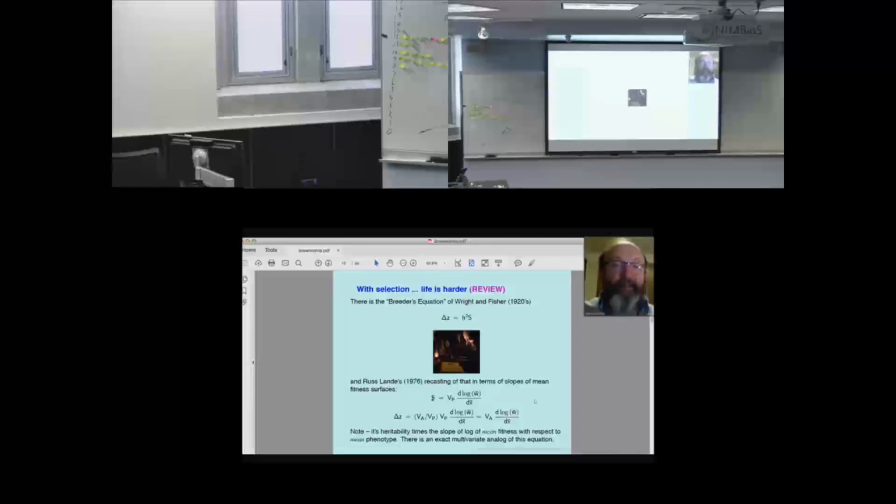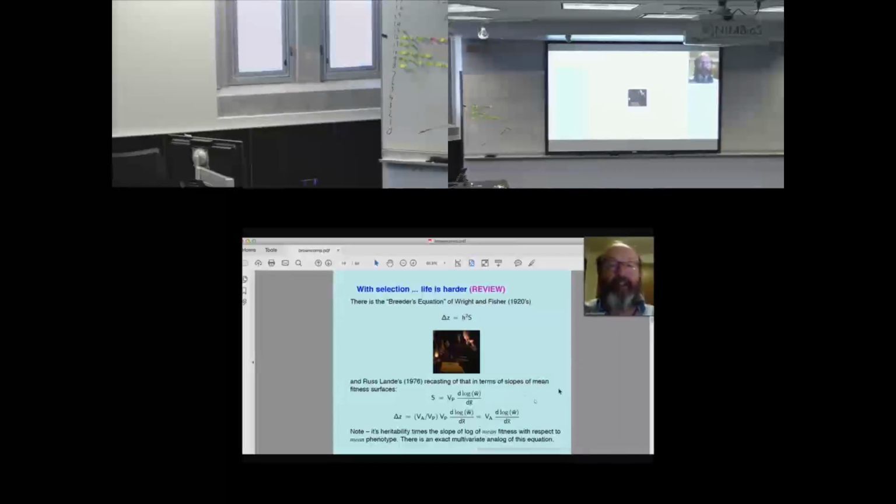that the selection differential is equal, this is just a version of what he wrote, to the phenotypic variance times the derivative of the log of the mean fitness with respect to your character.